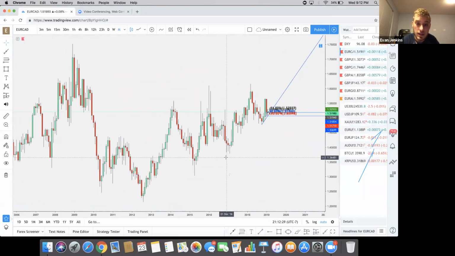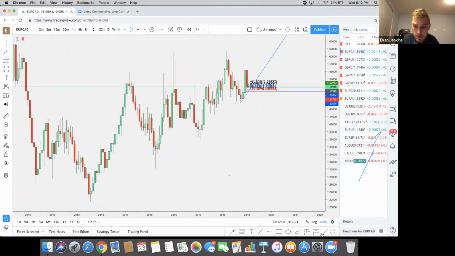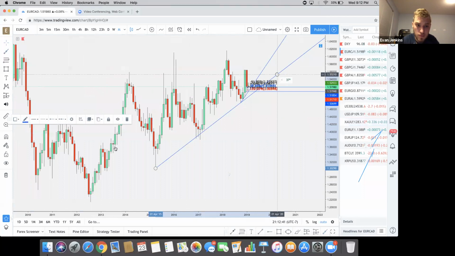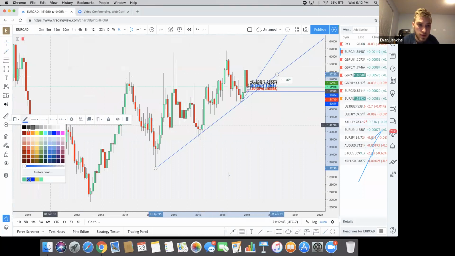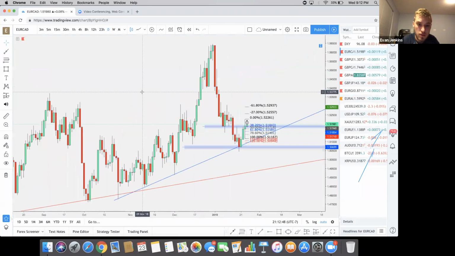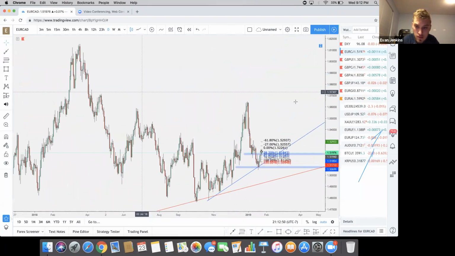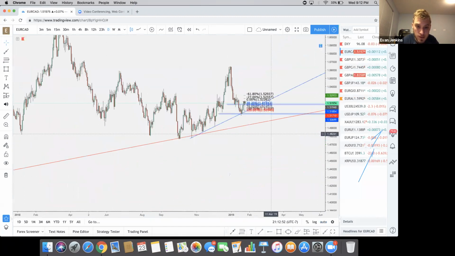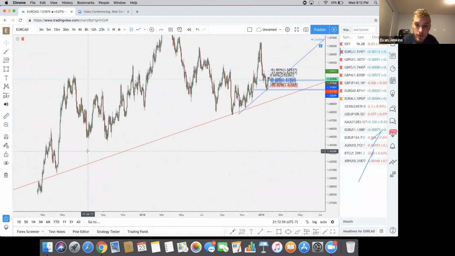You can see that this is definitely in an uptrend. You can even get this trend line right here. I'm gonna use red for monthly. And price is still maintaining structure on the monthly chart.